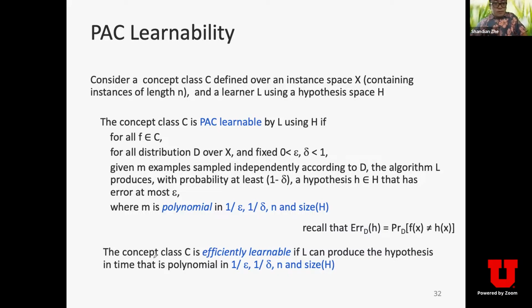If further the learner L can produce the hypothesis in time complexity that is also polynomial in these four factors, then we say the concept class C is efficiently learnable. It just means I not only use a polynomial number of training examples, but my time complexity is also polynomial in these four factors.